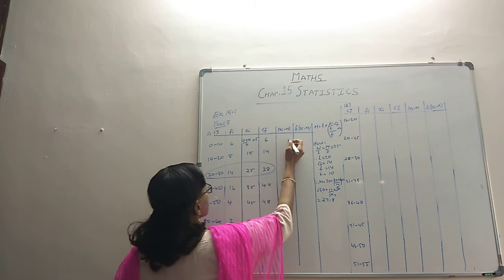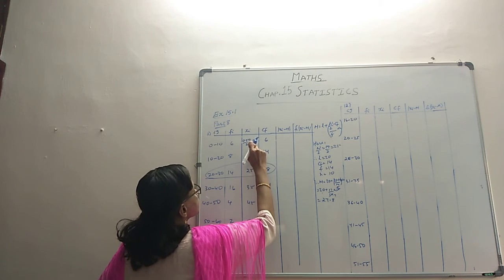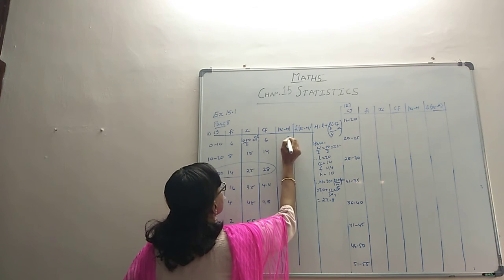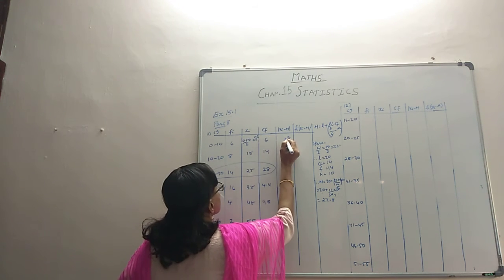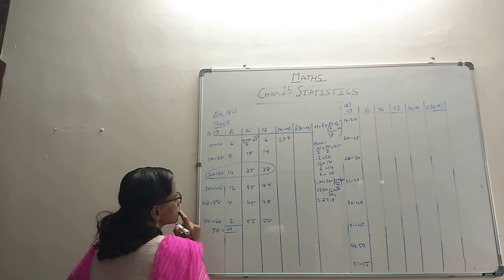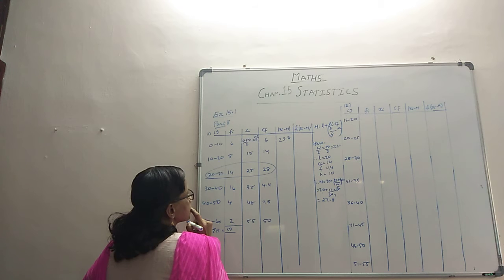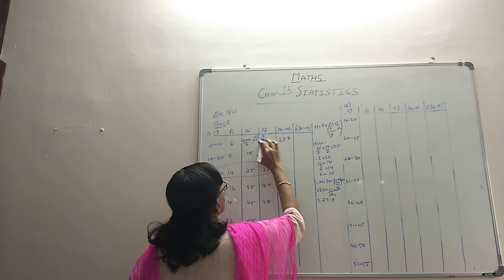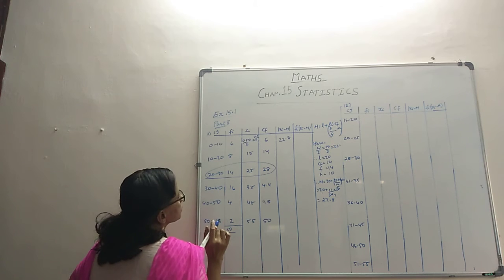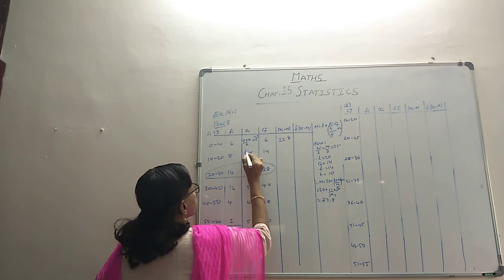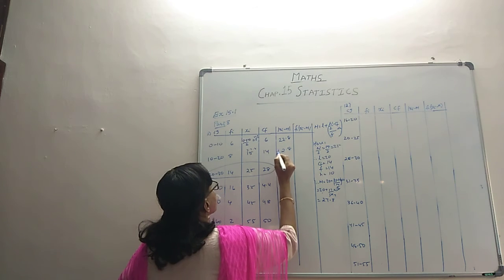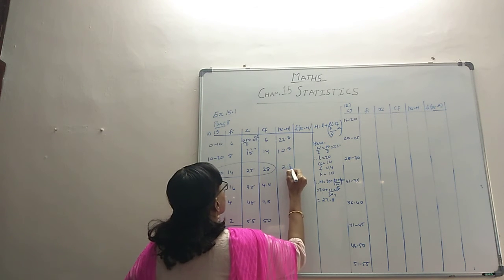Now the column |xi minus M|. 27.8 minus 5 is 22.8. Then 27.8 minus 15 is 12.8. Then 27.8 minus 25 is 2.8.